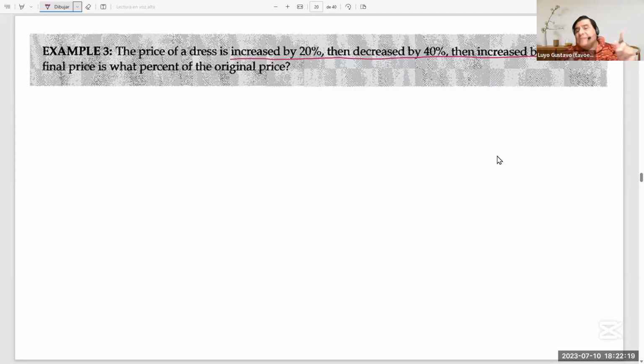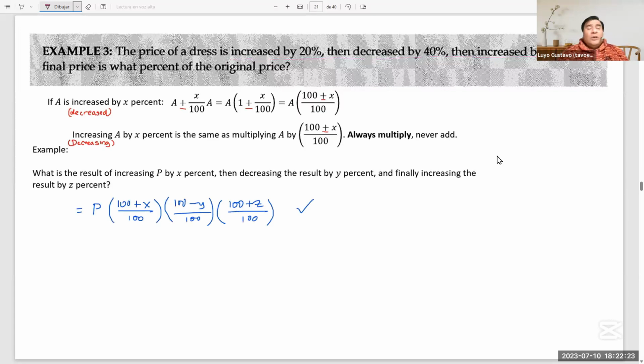Instead, use this theory, okay? Remember something. When you increase a number by some percent, for example, by X percent, that is the same as adding to a number A the X percent of the same number A. But if you factor this sum, you get A times (1 plus X over 100).